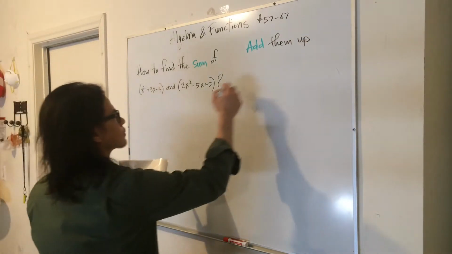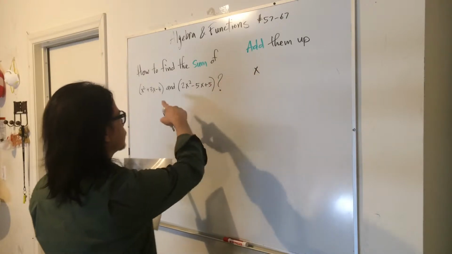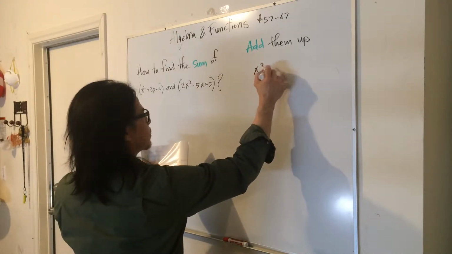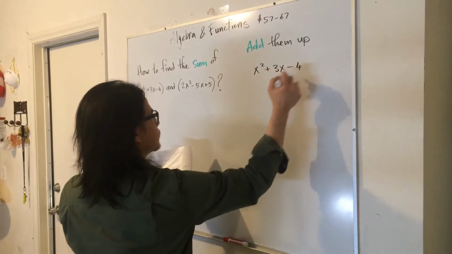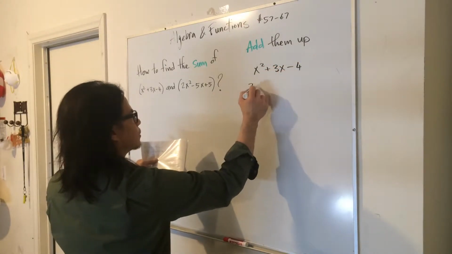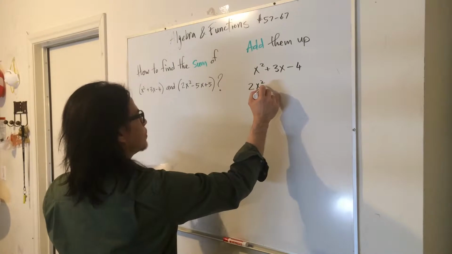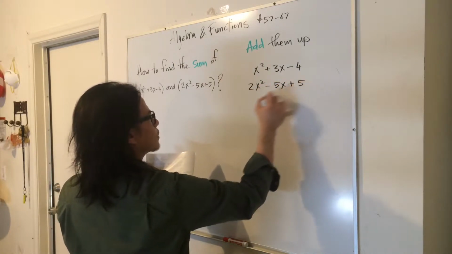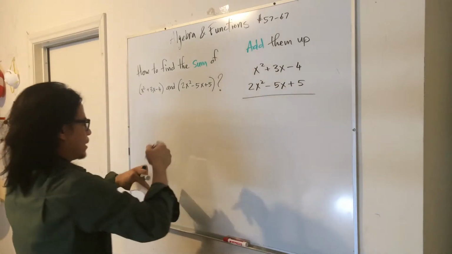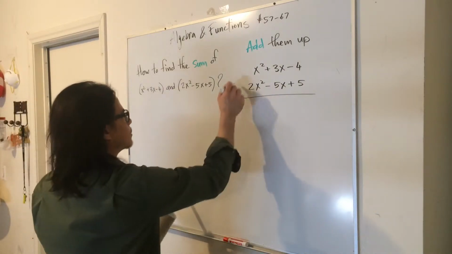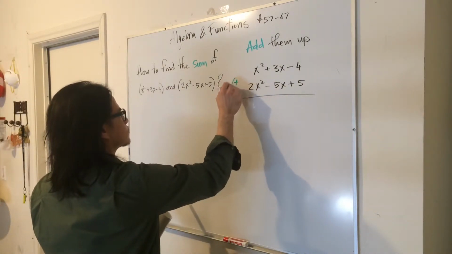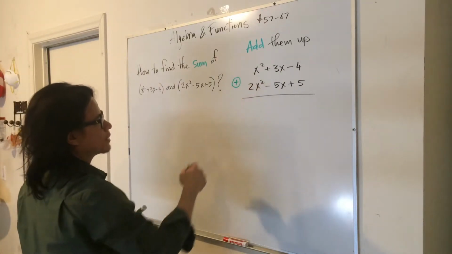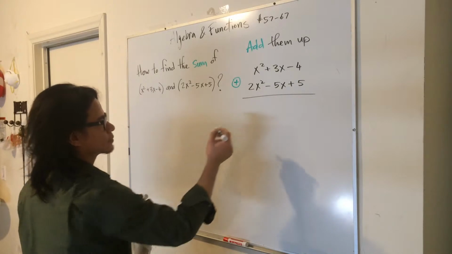Okay, so I'm just going to rewrite those guys vertically. x squared plus 3x minus 4 and 2x squared minus 5x plus 5. Okay, so we can add them up like we do regular numbers. Here we have x squared plus 2x squared.